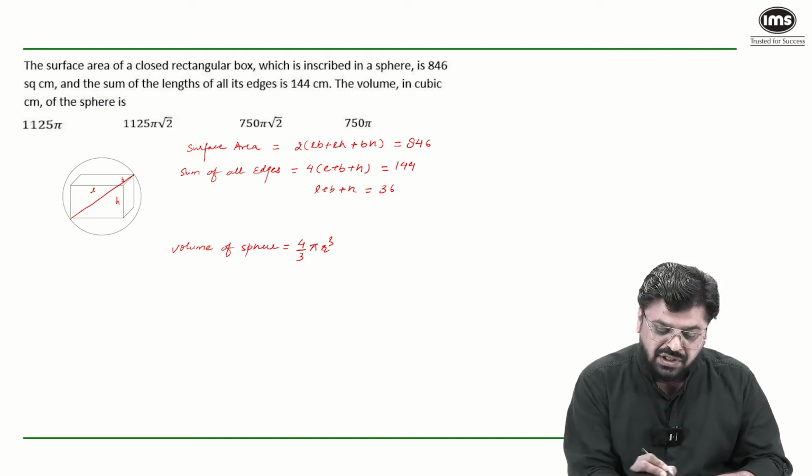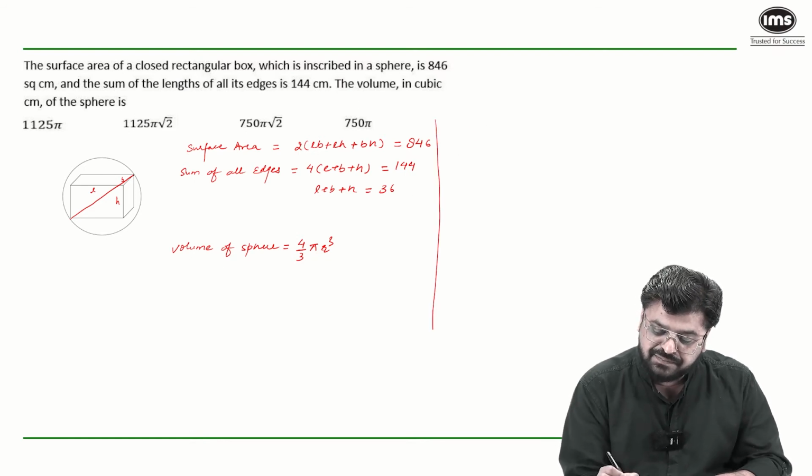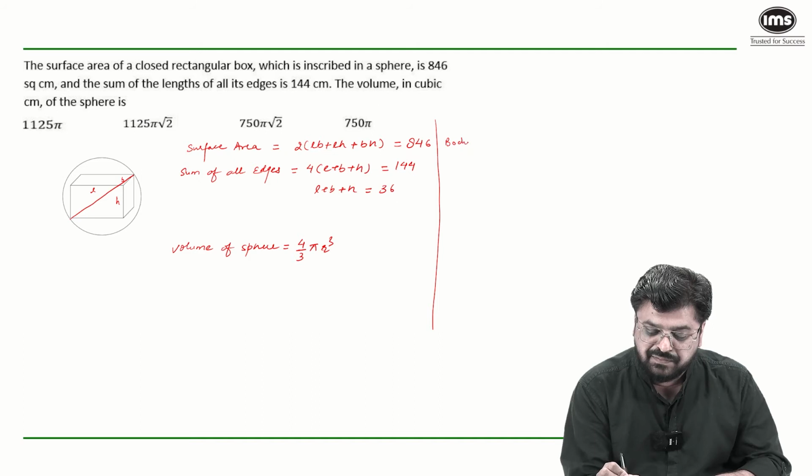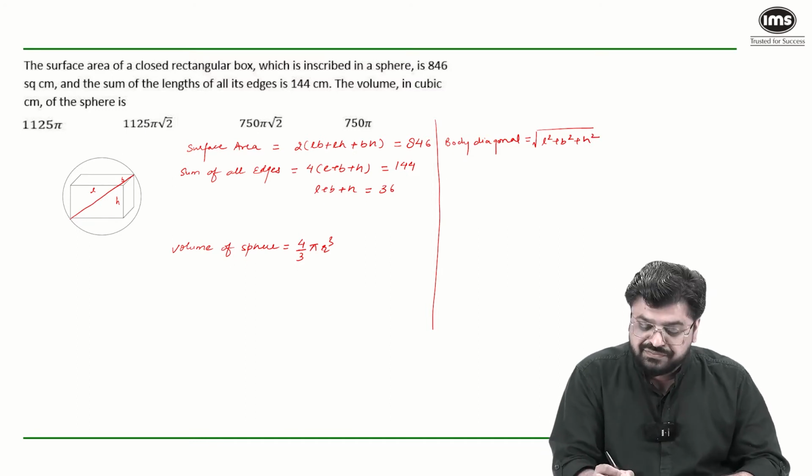So how do we calculate the body diagonal? The body diagonal is under root L square plus B square plus H square, which will be the diameter of the sphere.